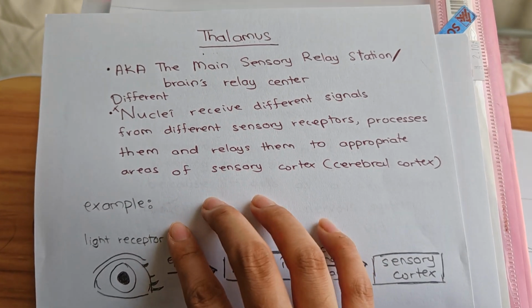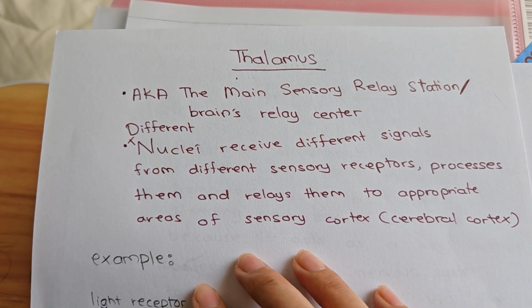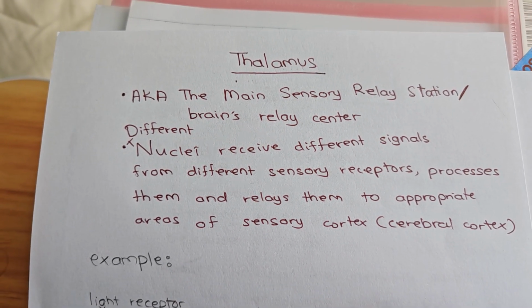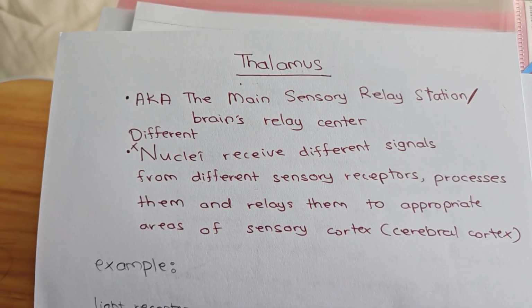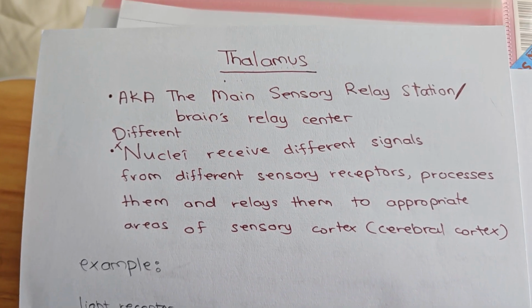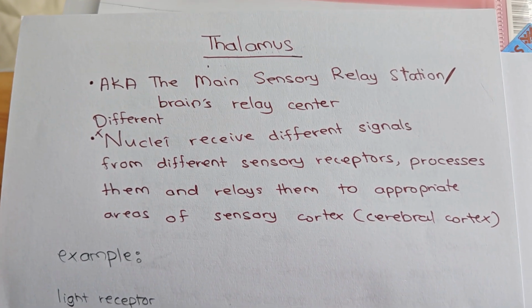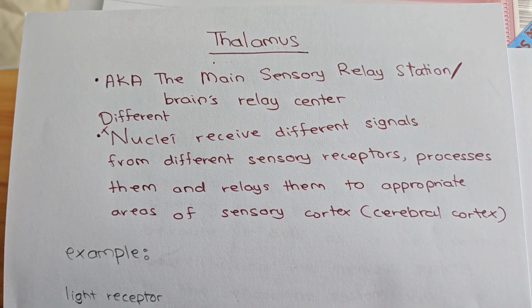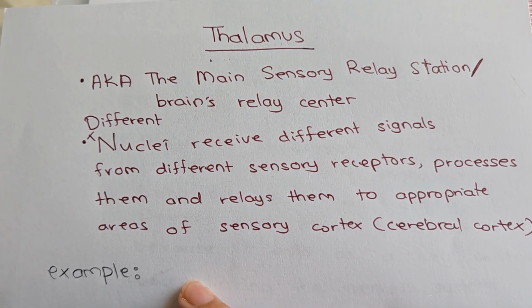I will now explain further about the thalamus. The thalamus is the main sensory relay station, in other words, the brain's relay center. In the thalamus, there are different nuclei that receive different signals from different sensory receptors, process them, and relay them to appropriate areas of the sensory cortex.